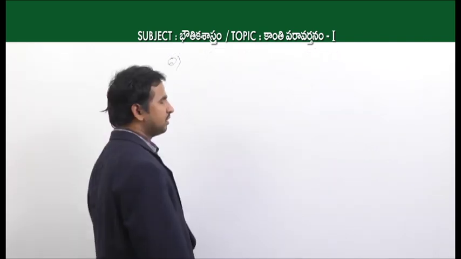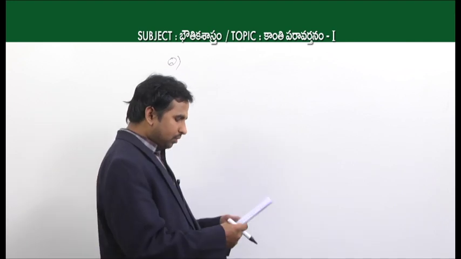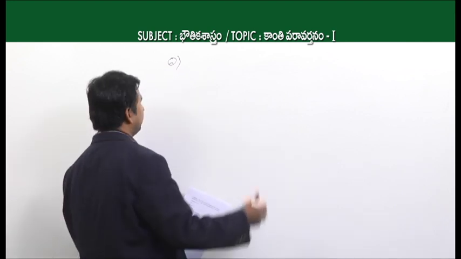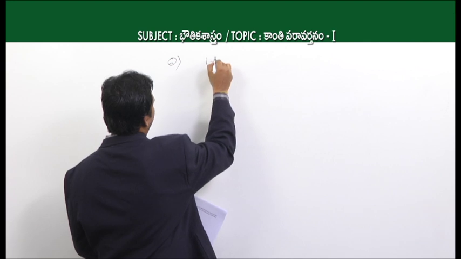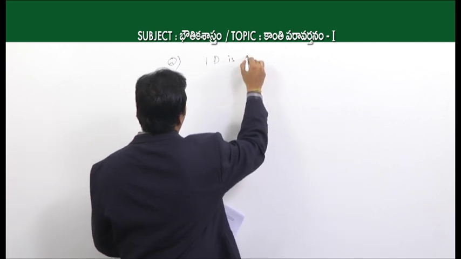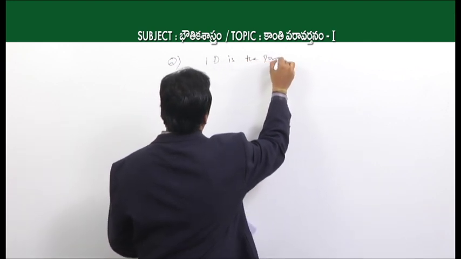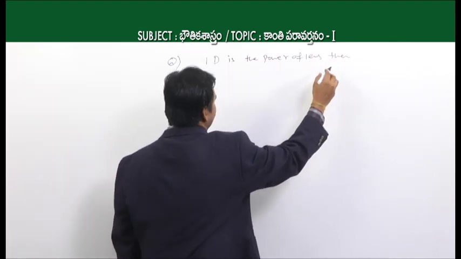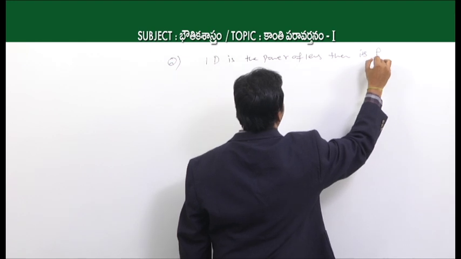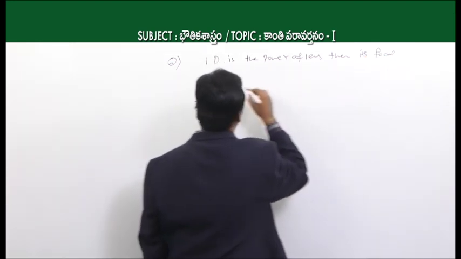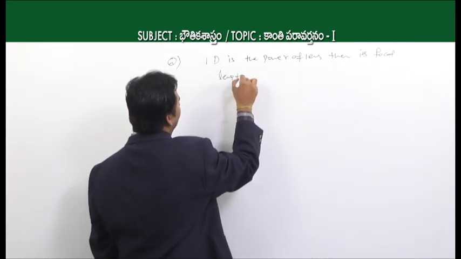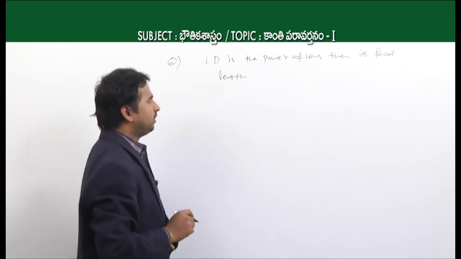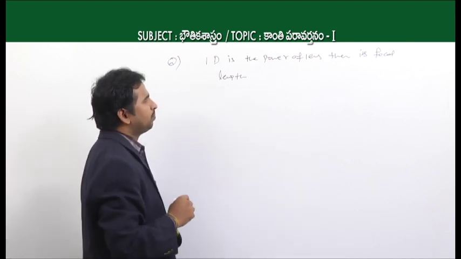Next question: if the power of the lens is given as 1D, then its focal length is? We need to find the focal length here, and it is given there 1 diopter, that is the power of the lens.